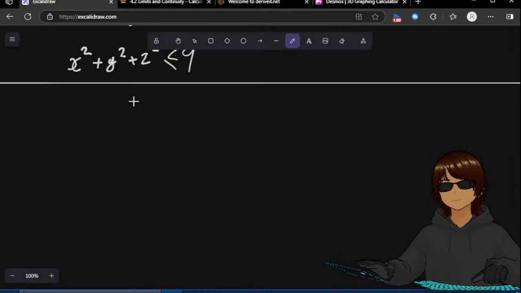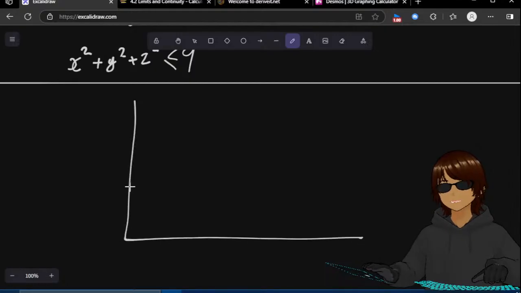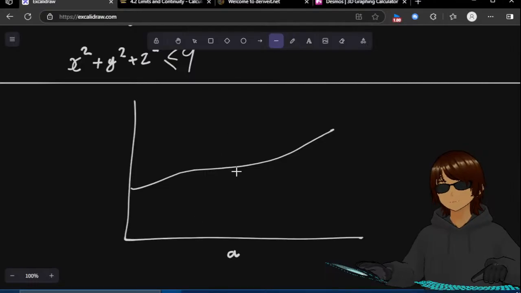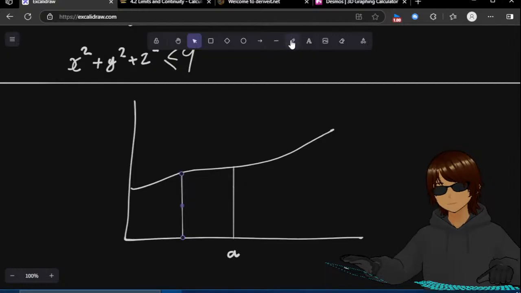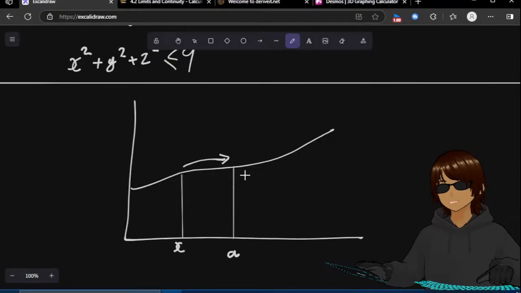limit of a function, let's say it's continuous in an open interval containing a but not equal to a. If we have a over here, x over here, and we bring x closer to a from either side.